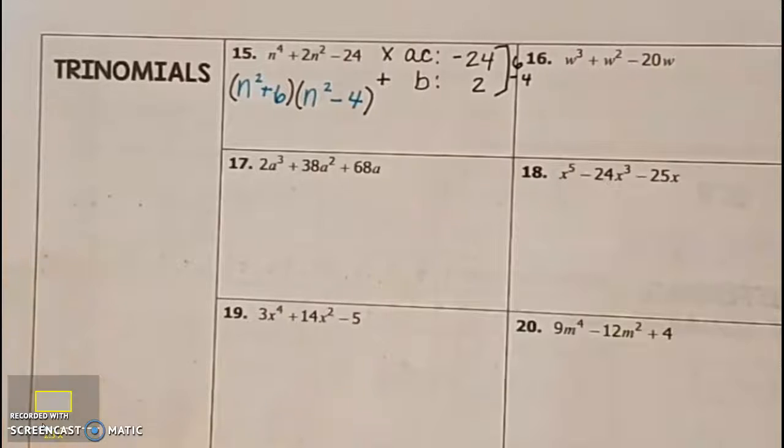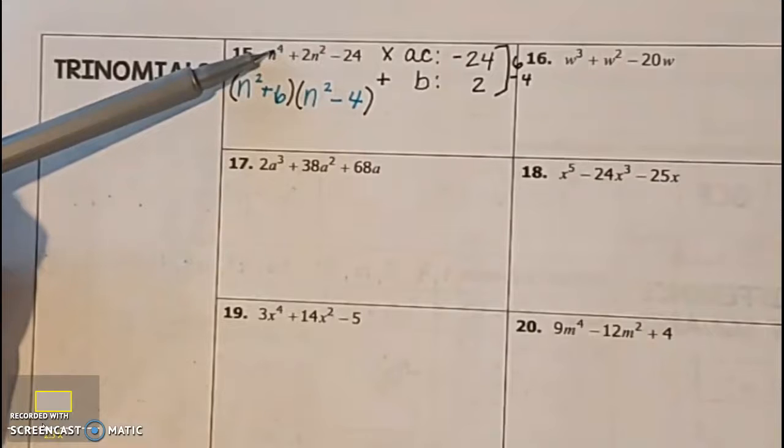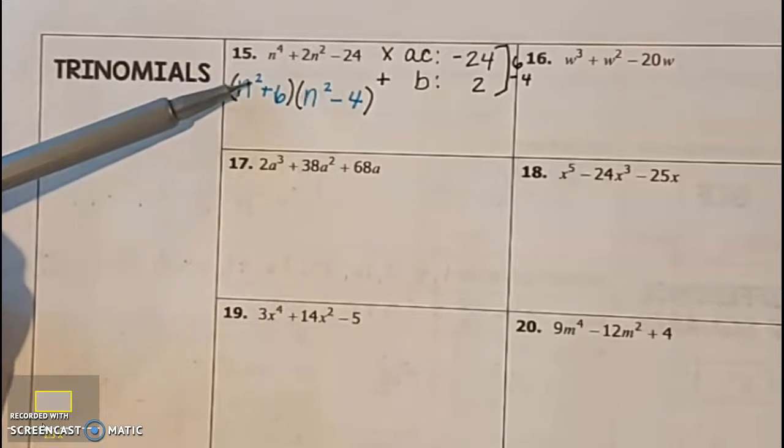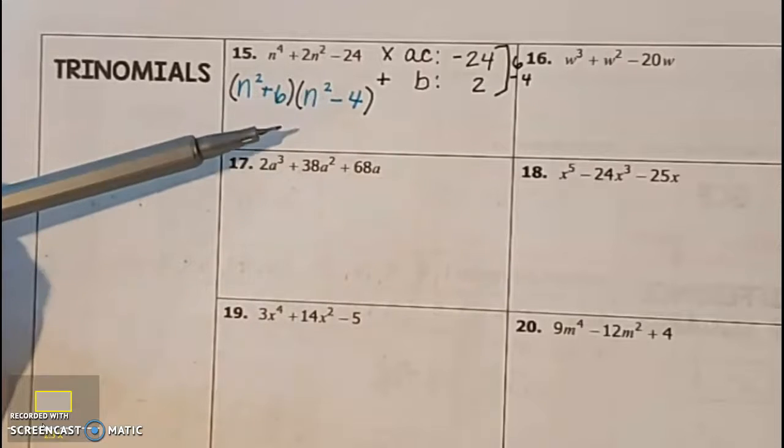This is how we will solve this quadratic. So notice how it factors. Instead of n plus 6, n minus 4, since it's raised to the 4th power, we now have n squared and n squared rather than n and n.